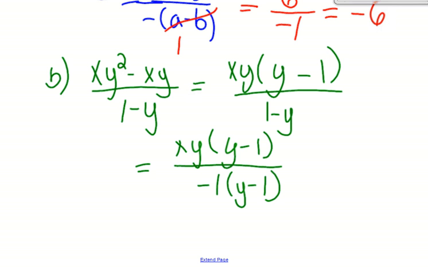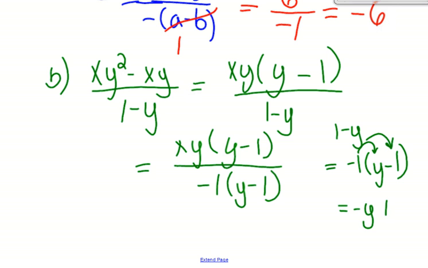And again, just to show you how that works, if we have 1 minus y, it's going to be equal to a negative 1 times y minus 1, because look, if we distribute this negative 1, we get a negative y plus 1, or in other words, 1 minus y. So they are in fact equal.